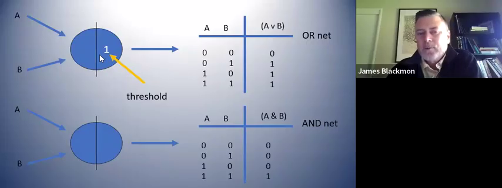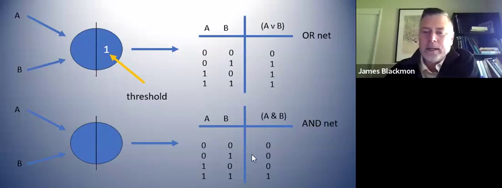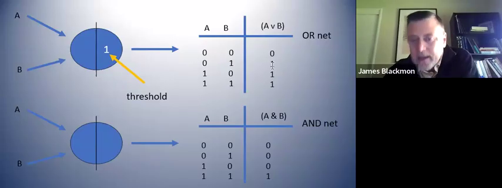Now, we've seen that OR has a threshold of 1, and it will then act according to this table. And then we now see down here that AND needs to act differently, because OR takes you, in the second case, from 0, 1 to 1, but AND does not.